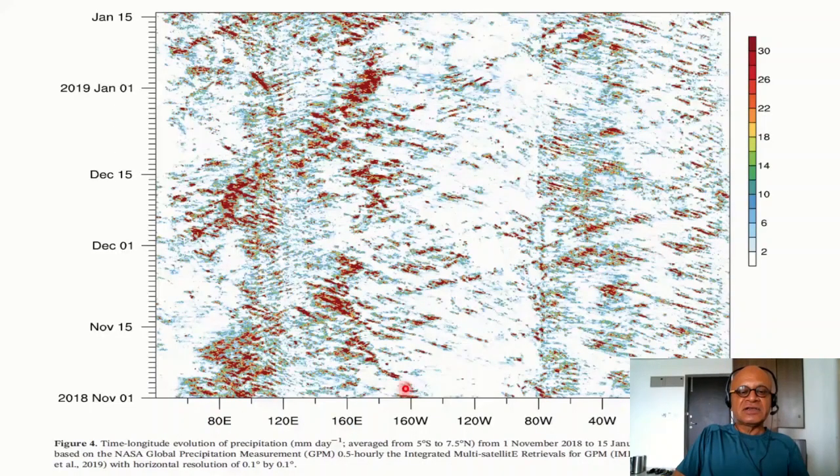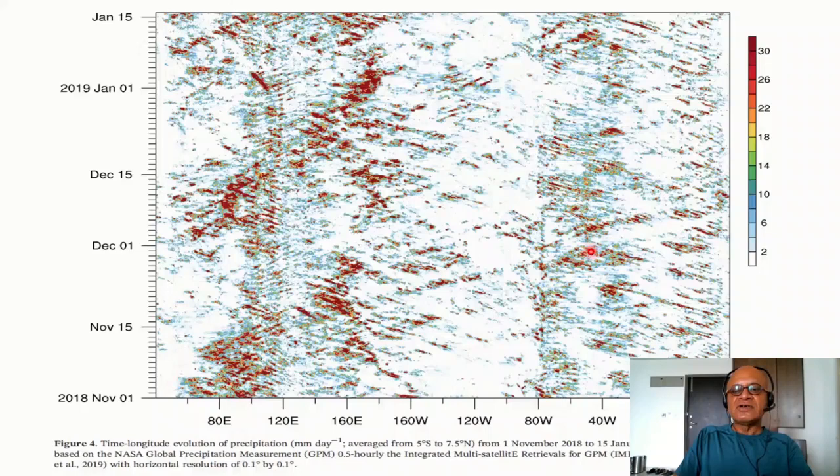And this is a nice detailed plot of the time-longitude evolution of precipitation in millimeters per day for November 1, 2018 to January 15, 2019. Again, this is the Global Precipitation Mission data, half-hourly integrated multi-satellite retrievals from GPM. You can clearly see these are the longitudes, of course, and time going up.